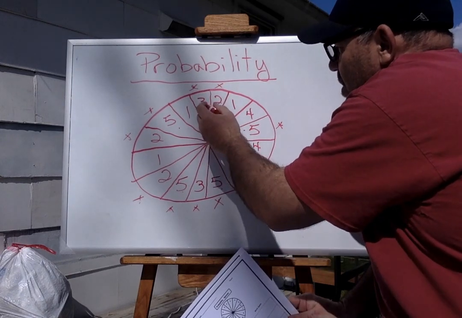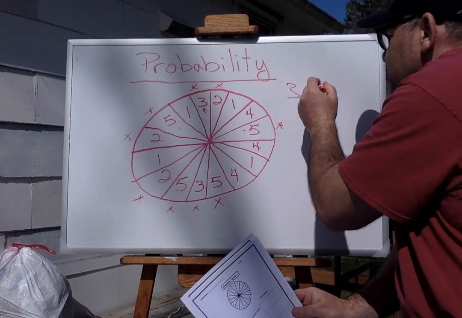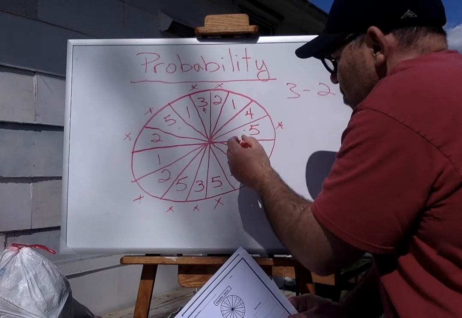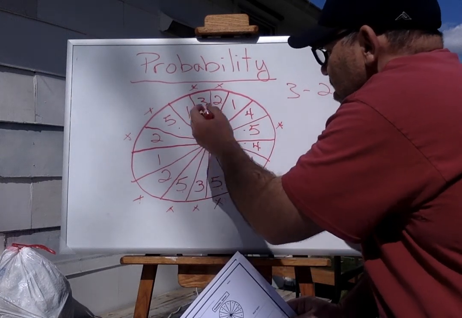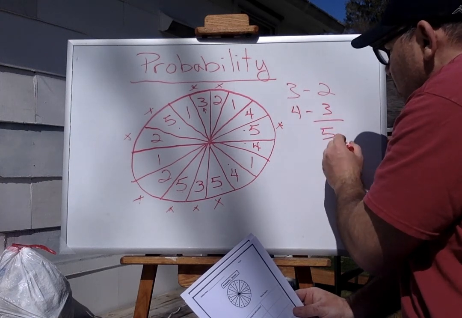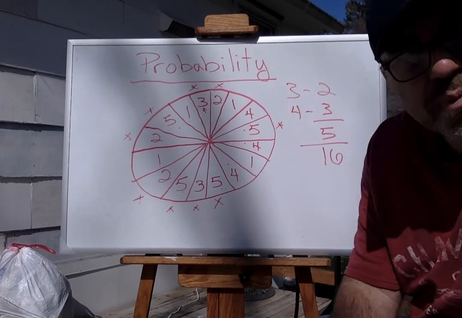Let's count them. 1, 2. 2 3s. And 4s, there are 1, 2, 3, 3 4s. So that gives us a total of 5. 5 out of 16. Okay?